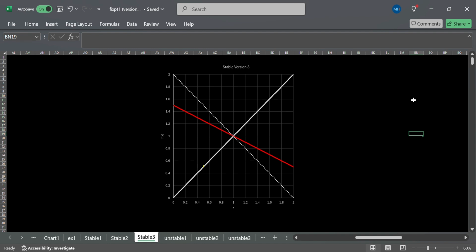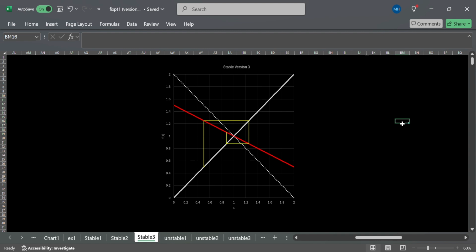So in this case, we'll start below the red line and we'll move up. Then we'll go to the right. Now we have to go down and we'll move to the left, and we kind of spiral around the fixed point. But we're getting closer. Some people call this the cobweb.